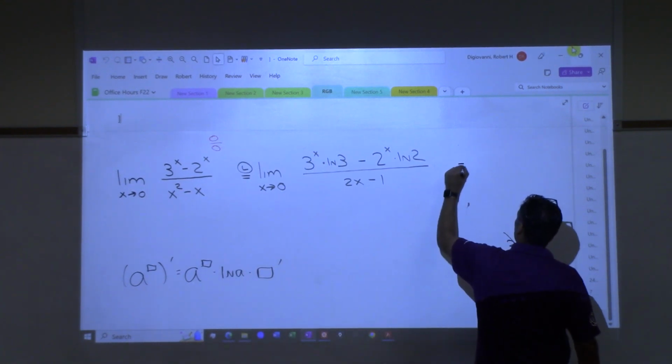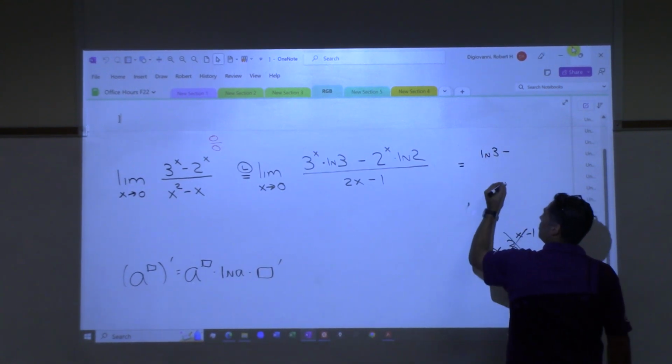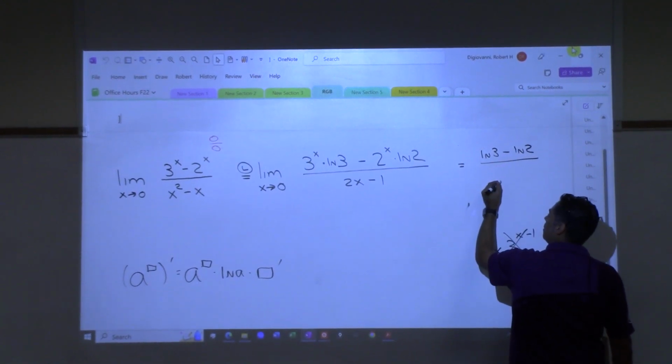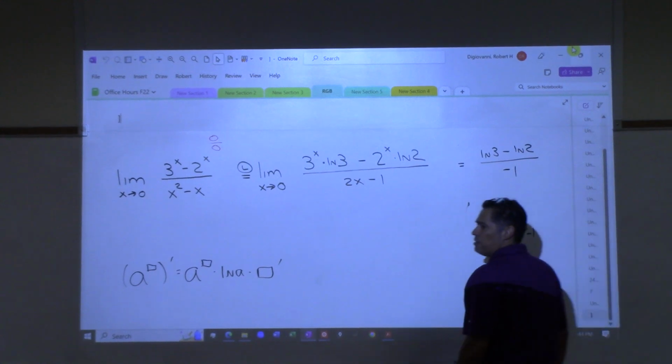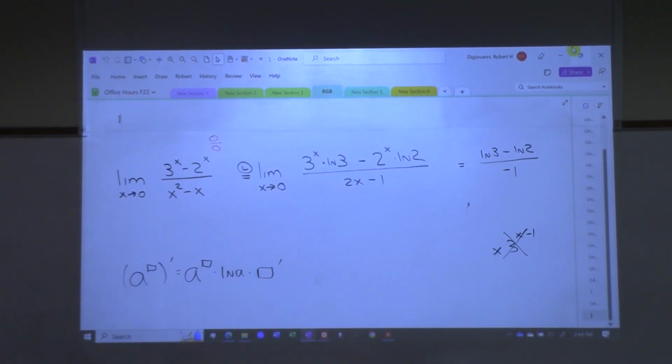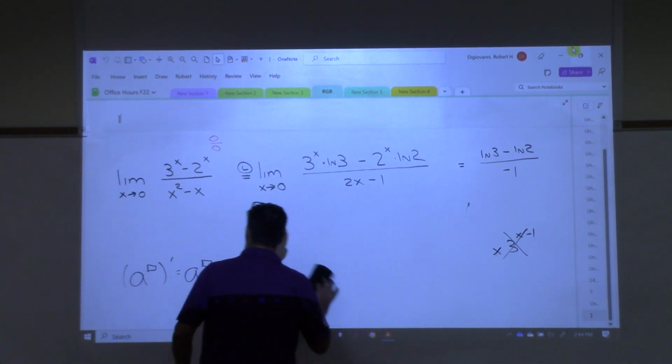This is natural log of 3 minus natural log of 2 over negative 1. And that is not 0 over 0. That's a number. Natural log of 3 is a number, minus natural log of 2 is a number, and over negative 1 is a number. That's my numerical answer. I like that one.